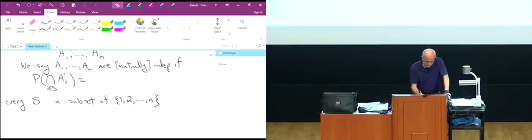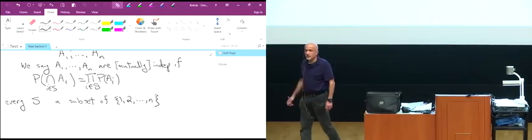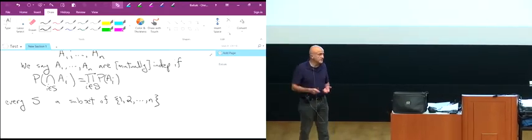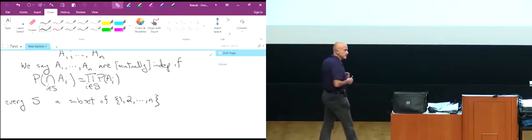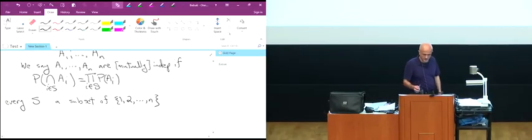So what should I put here? Probability of AI. It's the product of these AIs, right? So if I have, let's say, A1, A2, A3, any combination of these events, when I look at their intersection, the probability of that intersection is the product of the probabilities.